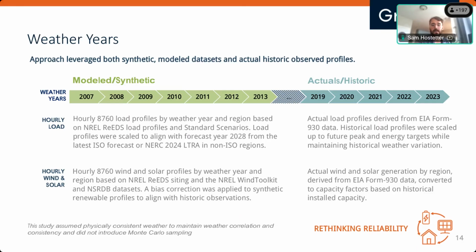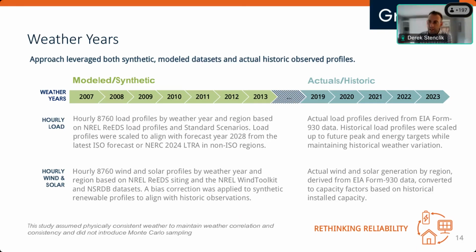A similar scaling was done for load profiles on the latter group here, the historic and actual load data from 2019 through 2023. We performed a similar scaling process to bring the peak load from those profiles up to 2028 forecasts.